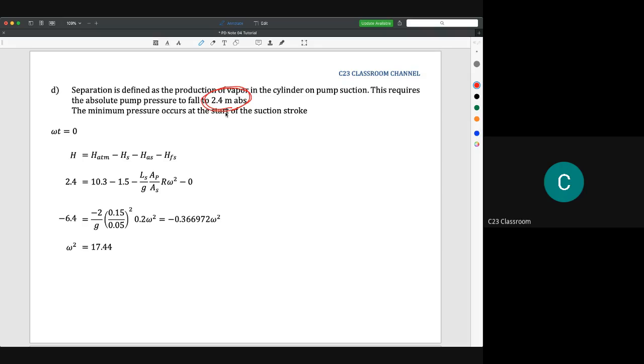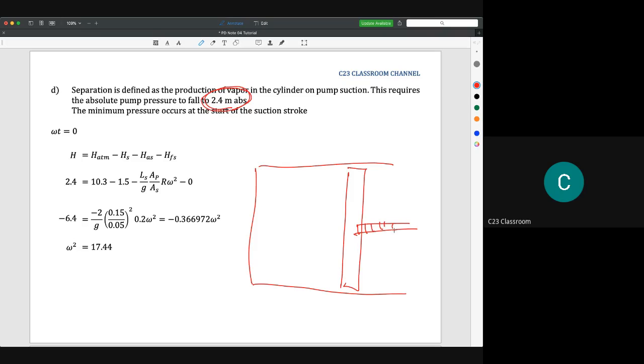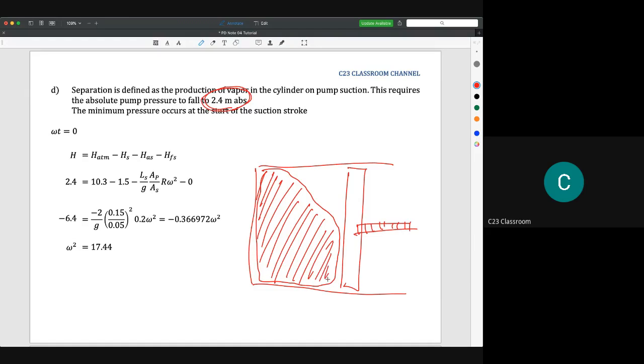Let's say we have a piston here. When your piston is pulled at higher speed, maybe it creates an empty space like this one, for example. This is all the water that is sucked into the piston area, and we have an empty space here. In this empty space, at first thought, is actually a vacuum.